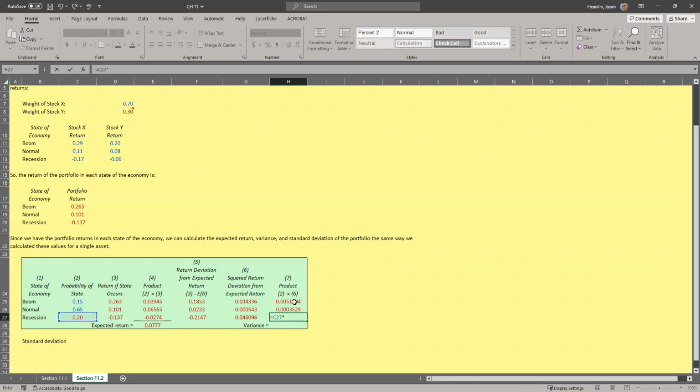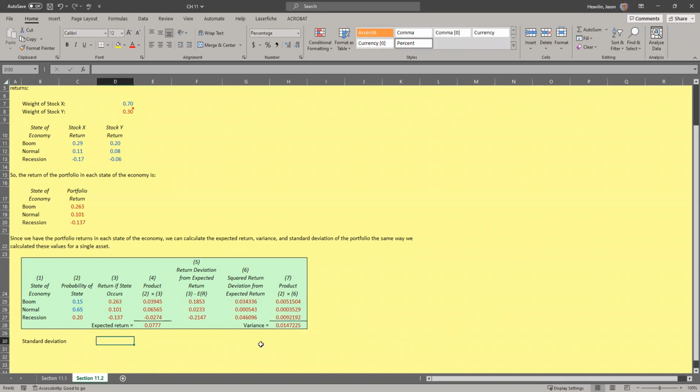We have the 3 values that we want. Column 2 times column 6, and so on. And then for variance, go to AutoSum. It suggested those are the 3 we want to add together. And that is the variance of the portfolio.